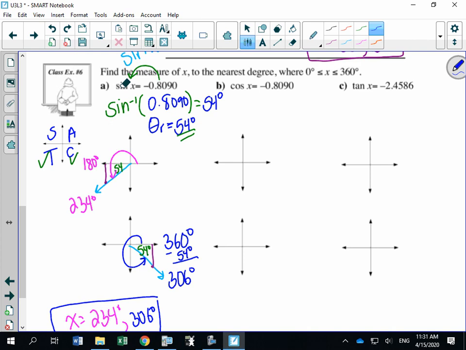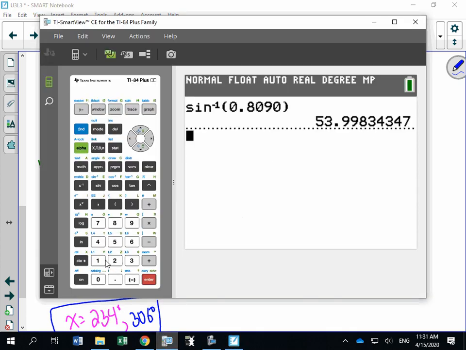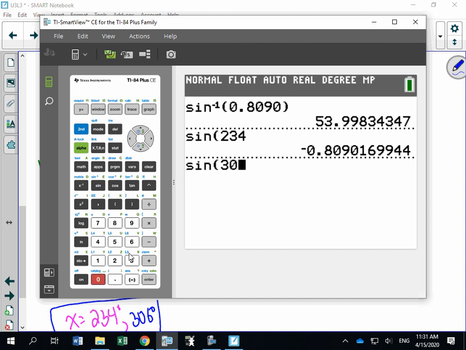Let's type in the sine of 234 and the sine of 306. So the sine of 234 is negative 0.8090, and the sine of 306, I get that same answer.